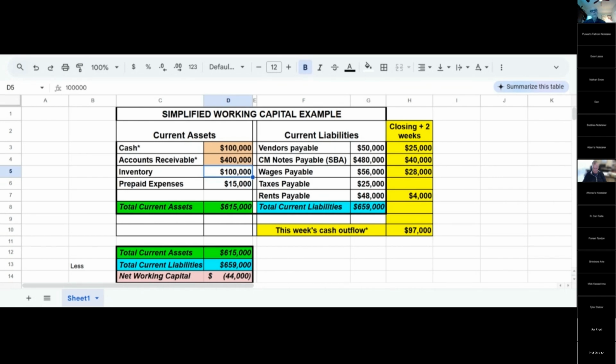The buyer would reimburse the seller if there was too much working capital received, and the seller would reimburse the buyer immediately if there wasn't enough cash received. So it was kind of an unusual arrangement, but it worked.